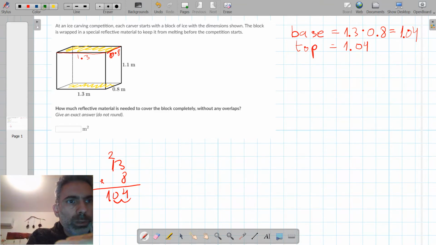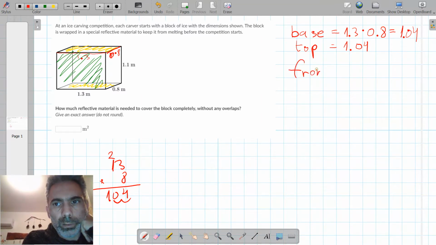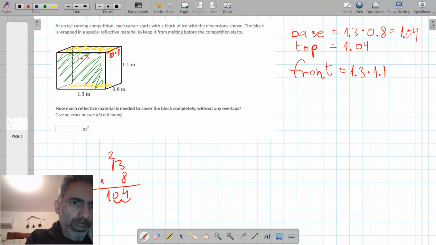Okay, now the front face, which is this big rectangle here. The front face has an area of 1.3 times 1.1, because the height of the prism is 1.1, same as here.